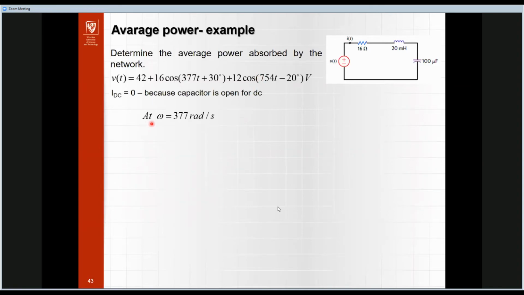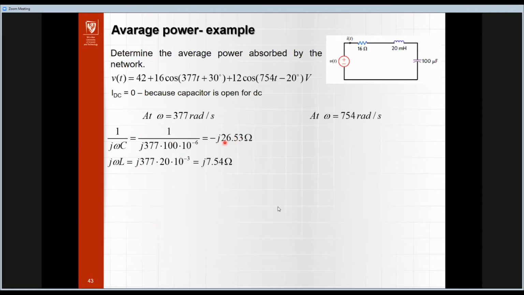At this omega, we calculate the capacitor reactance and the inductor reactance, and we obtain such values. And we make now the same for the third harmonic, for the second harmonic, and I obtain these results.